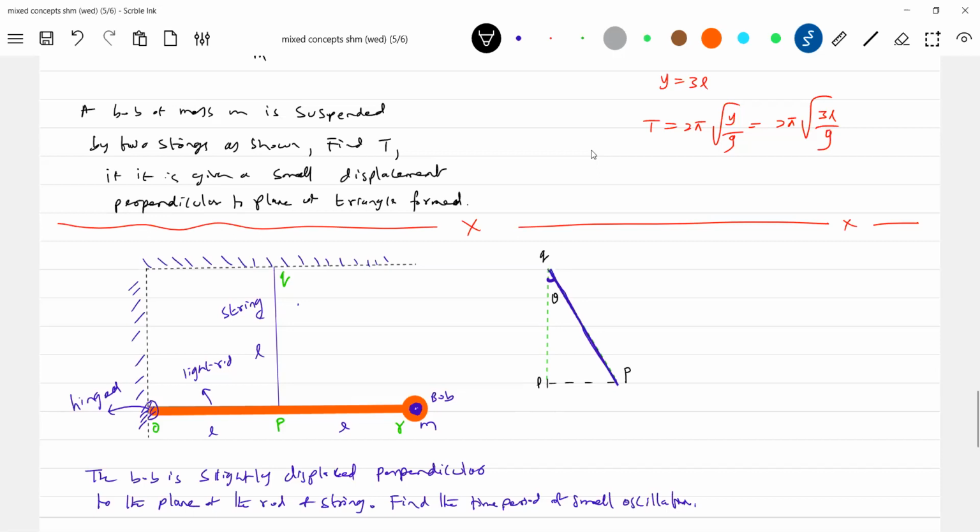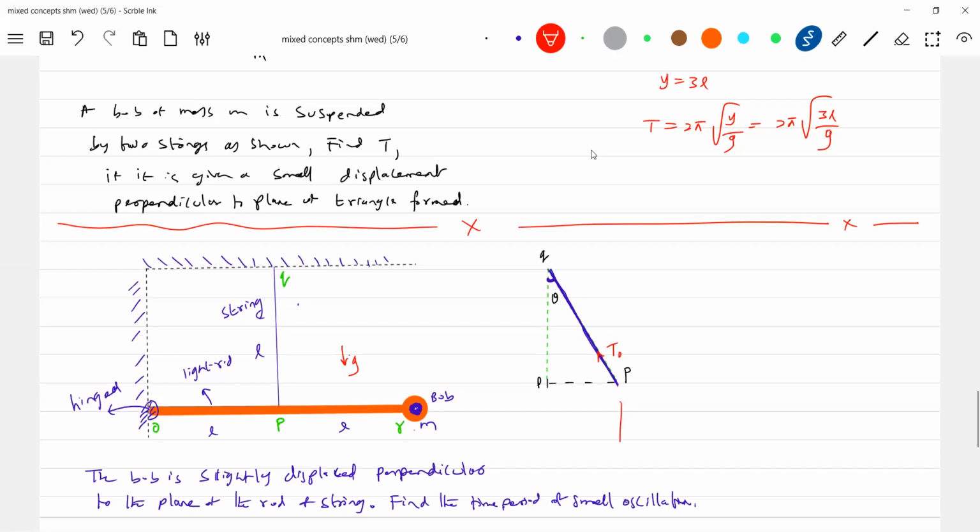I'm just showing some diagram so that the tension here will act like this. T naught, you can write it. The component of tension, from where the restoring force will come, will act in this direction, and that will make the rod plus bob rotate. There also g is there, and there will also be torque due to the weight.